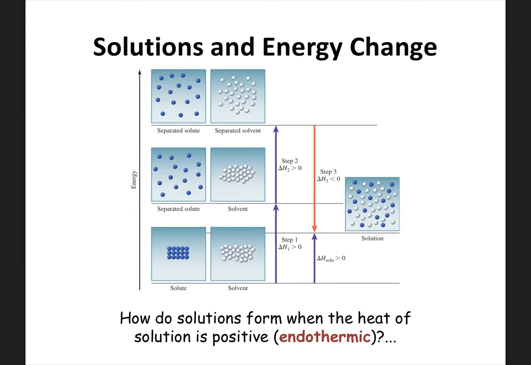That would be a positive delta H. So it can happen, but how does that actually happen? Because it's not preferred. Negative delta H, energy exiting, the lower energy state is what's actually preferred, but we can still get these solutions forming even though they have a positive delta H. So we want to look at how that can actually happen.